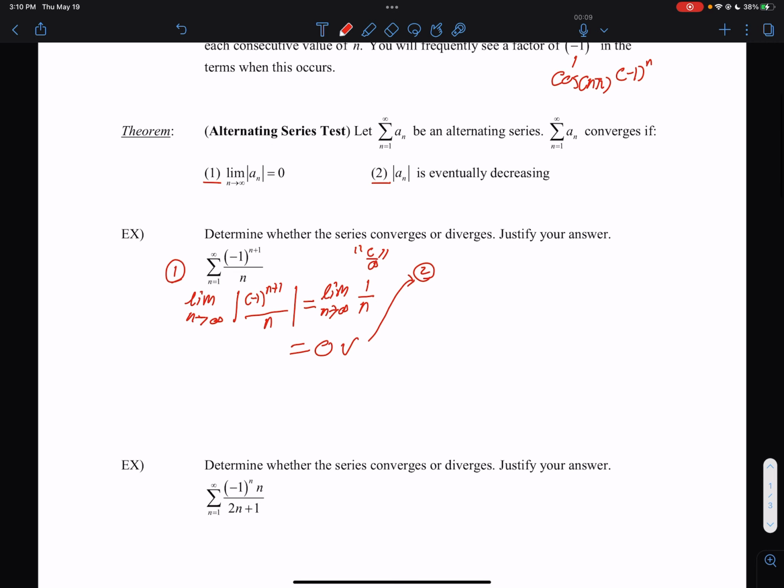So referring to the hierarchy of growth, the absolute value of negative 1 to the n plus 1 divided by n will lead to a constant over increasing. So this series will be eventually decreasing due to the constant over increasing.